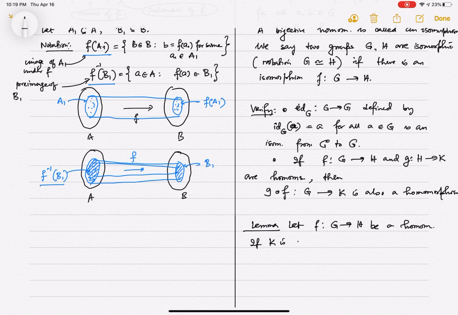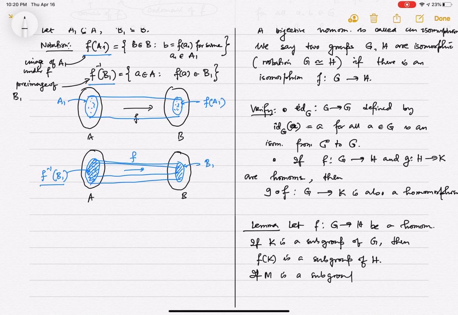If K is a subgroup of G, then its image, f of K, the thing that we defined on the left-hand side, is a subgroup of H. If M is a subgroup of the right-hand side group, then its pre-image is a subgroup of G.